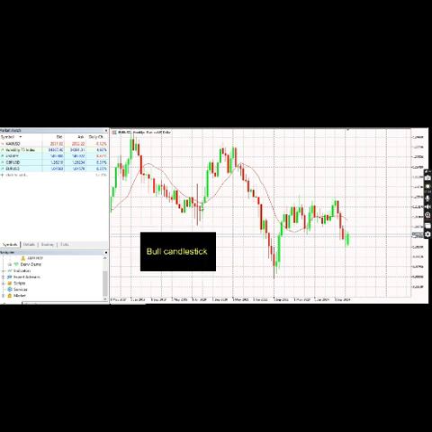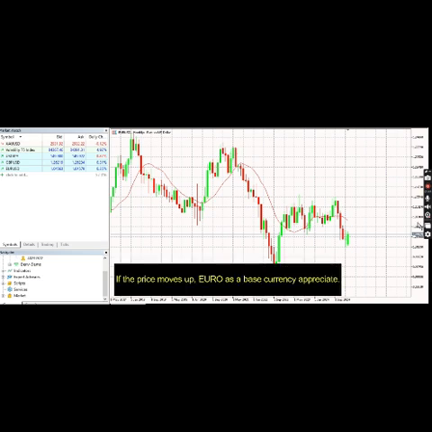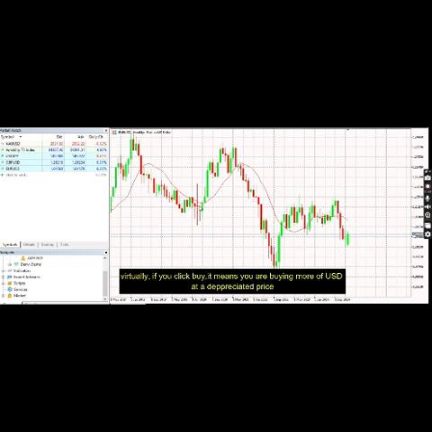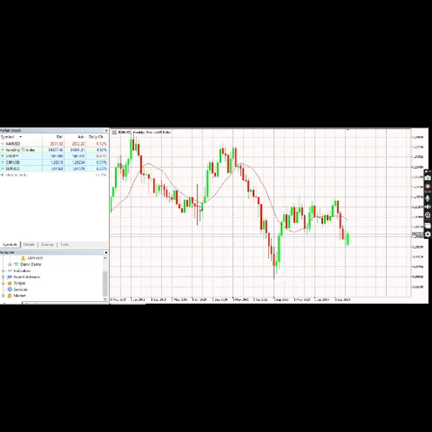Some also call it a bull candlestick, but let's use buy for the meantime. On the price, whenever the price is moving up, it means the currency that Samson is holding is appreciating. Therefore, he can buy more of the USD.